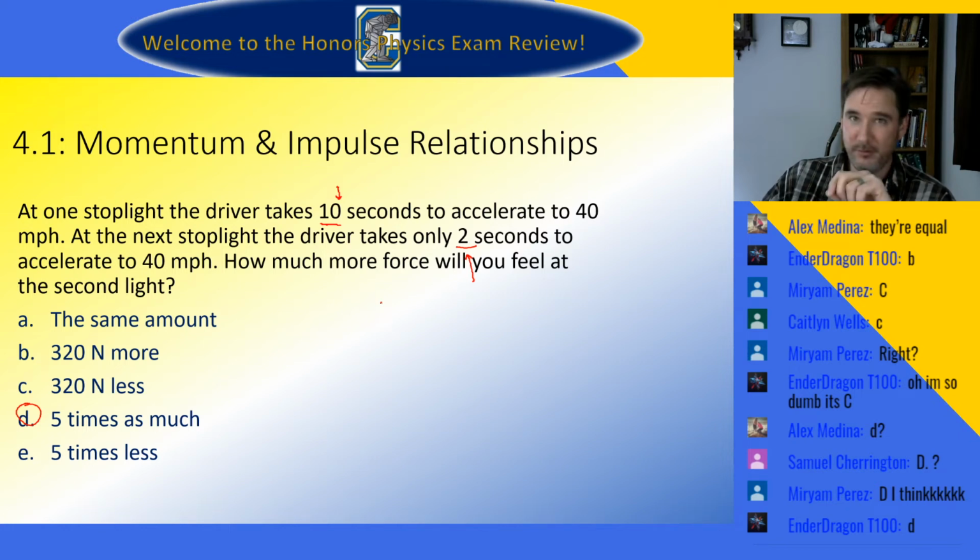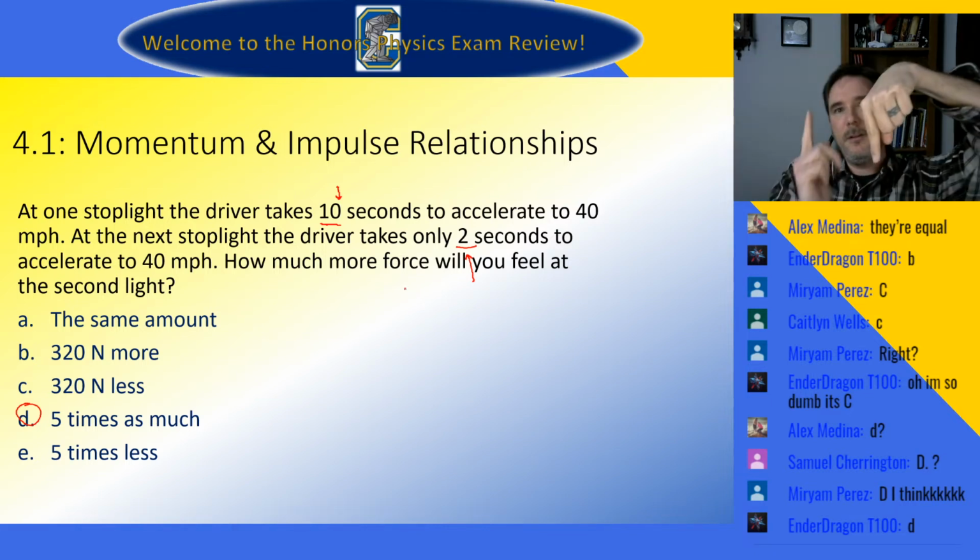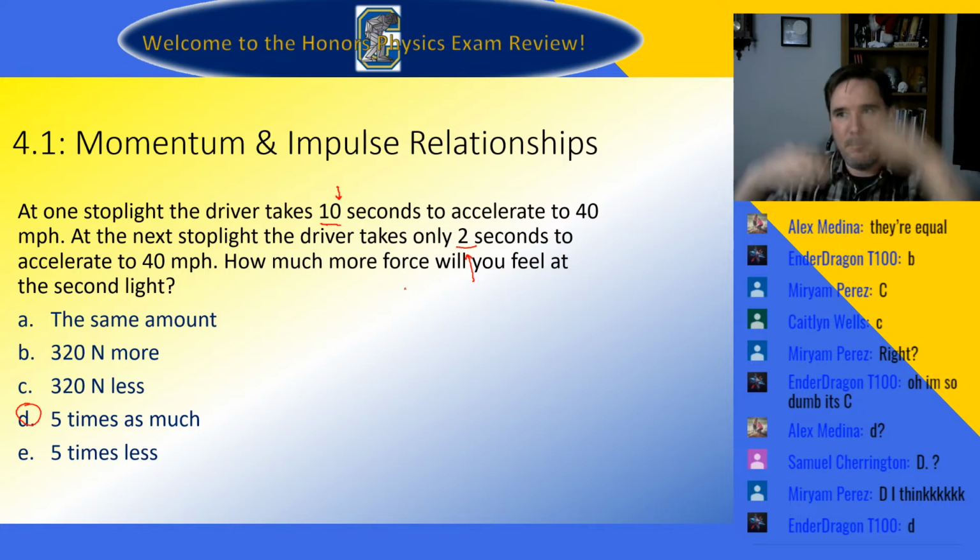It's proportional. 5 times less time means 5 times more force. It goes along with that whole idea: if there's more time, there's less force. If there's less time, there's more force. It's that proportionality thing. So that's what's going on here.